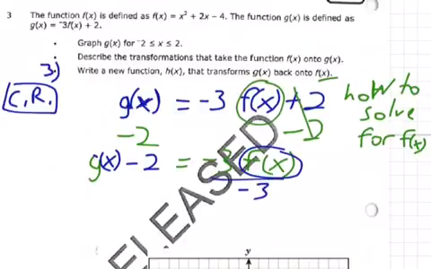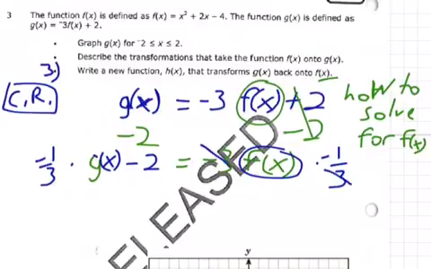Or I could multiply by negative 1/3. It's the same thing. The 3's still cancel because they're on the top and the bottom. So f of x is by itself, and we're multiplying this whole thing by negative 1/3.